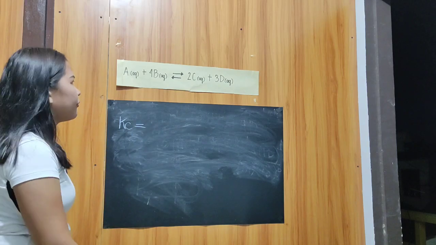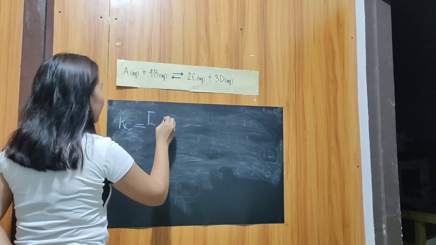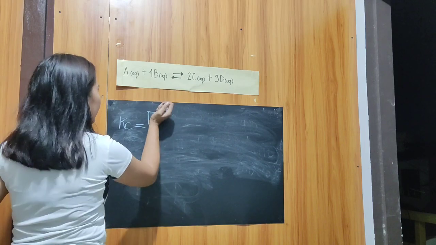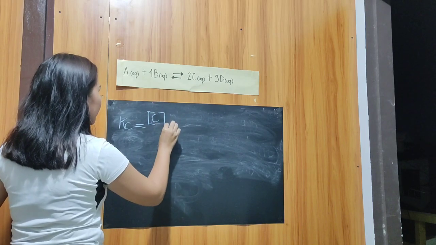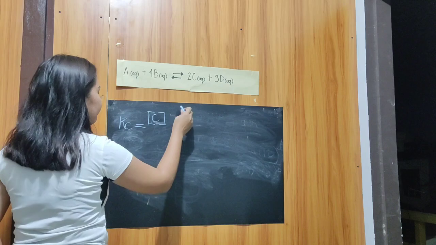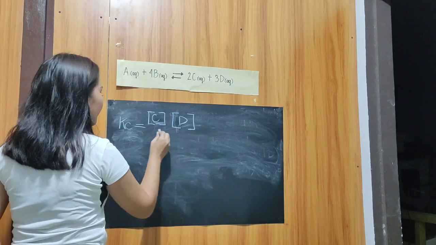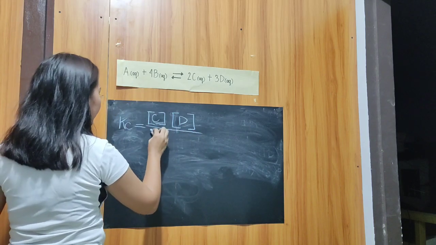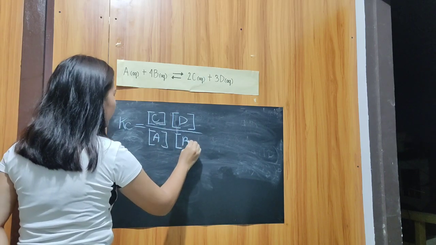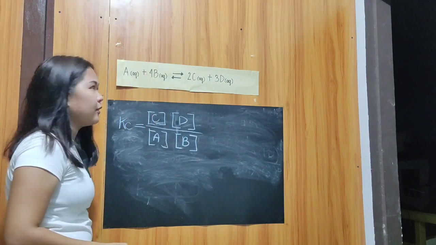So Kc equals products over reactants. So the product C plus D over A, B. So we have here the coefficients.